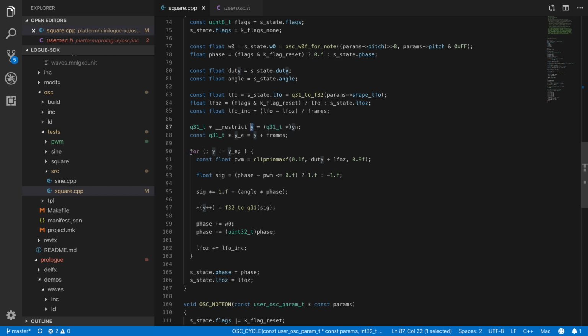Now that's a for loop. This could easily be a while, because this is actually a while loop. So no condition here, no increment here, and you just get a comparison running. As long as y is not equal to y underscore e, so as long as the current pointer to an output sample is not at the end, continue the loop.